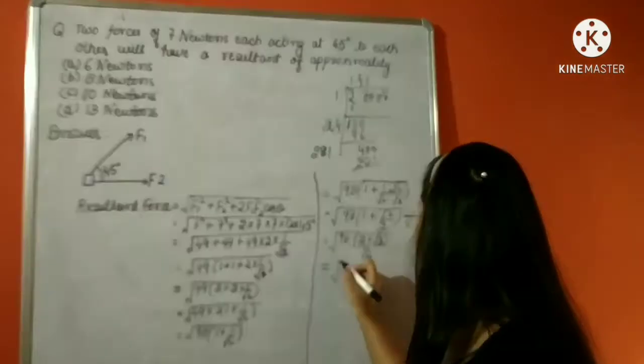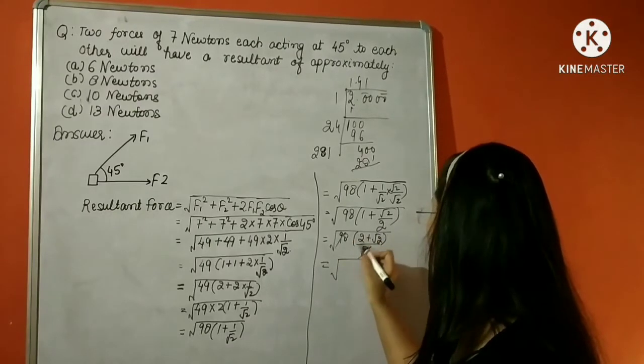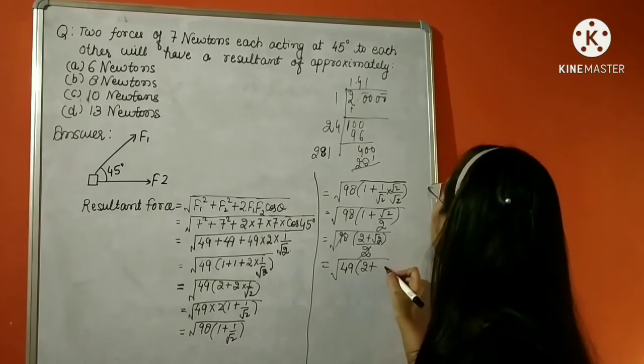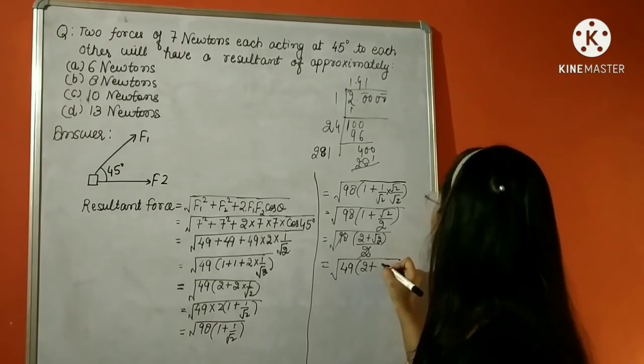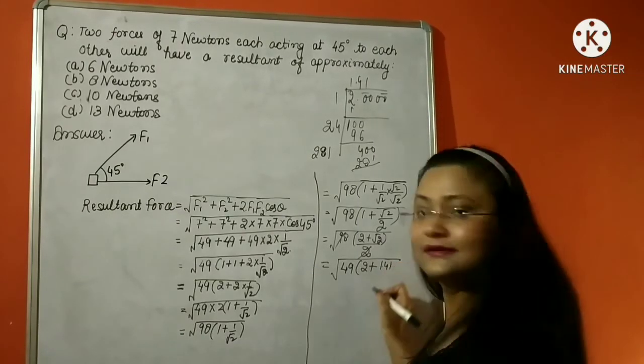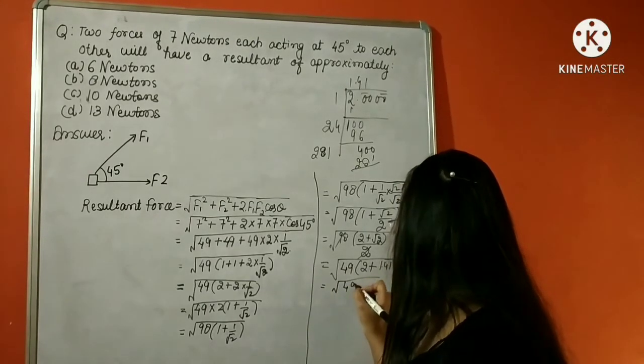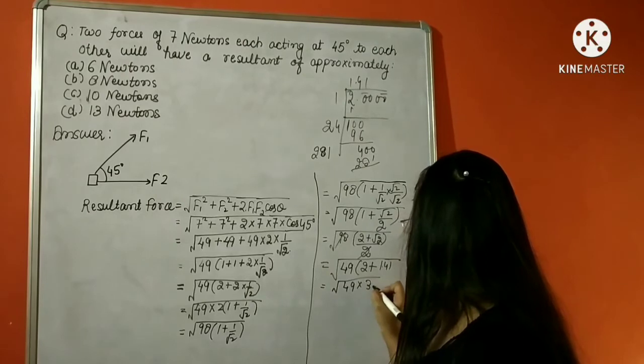So it will become 49 into 2 plus 1.41, which is 49 into 3.4.